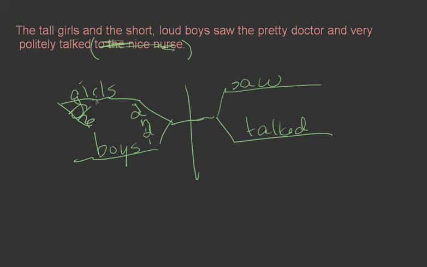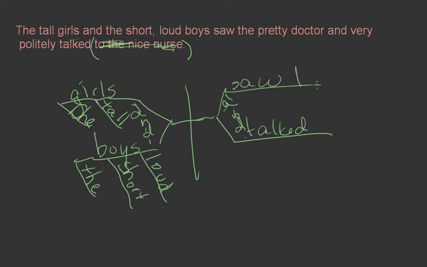And we have the girls, and they are tall girls. And we have the boys, they are short boys, and they are loud boys. Okay, now we need an and right here. They saw whom or what? Saw a doctor, just as before.